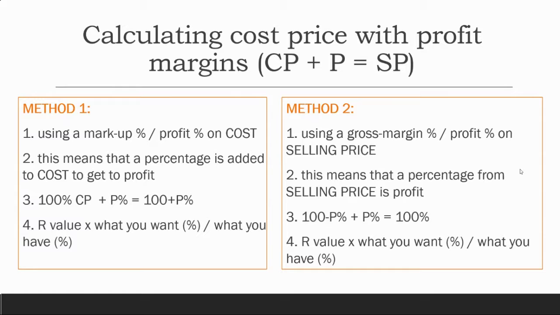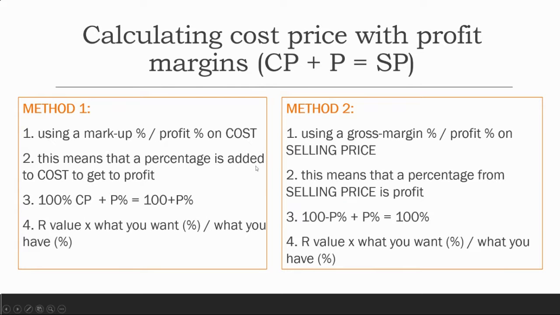Now let's look at the first method. How do I know what the markup percentage is? Okay, so the markup percentage is the profit percentage, but on cost. That means the markup is our profit percentage, and if our profit is over cost, cost will always represent 100%.